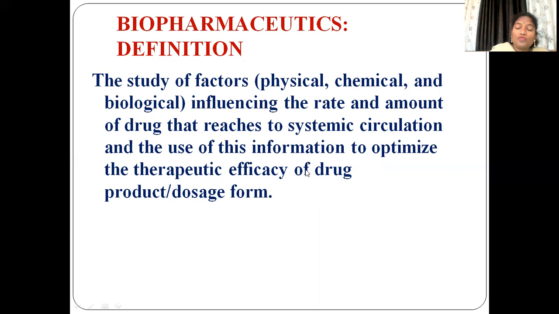After administering a drug, the drug should reach the systemic circulation, that is nothing but the blood. While reaching the systemic circulation, various factors influence the drug. Only some amount of the drug reaches the systemic circulation, otherwise some drug will be degraded, or the full amount will reach the systemic circulation.